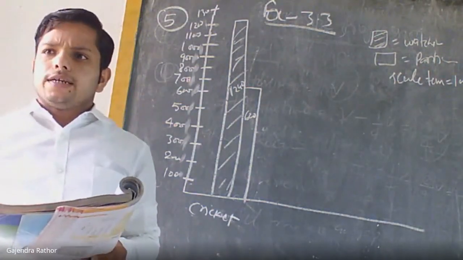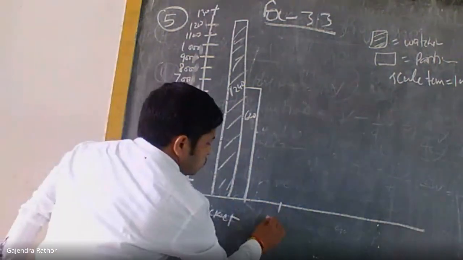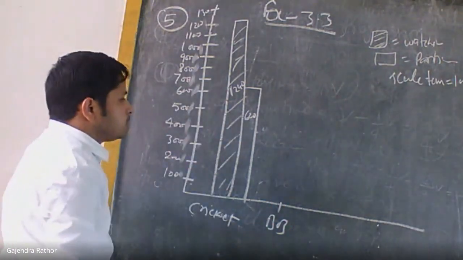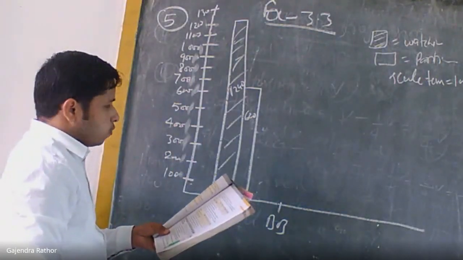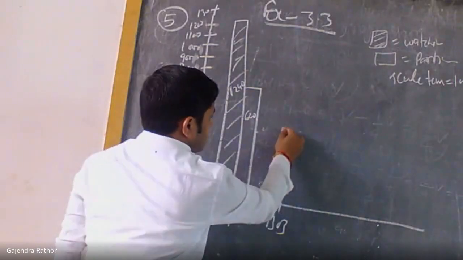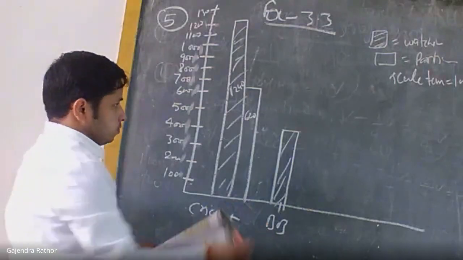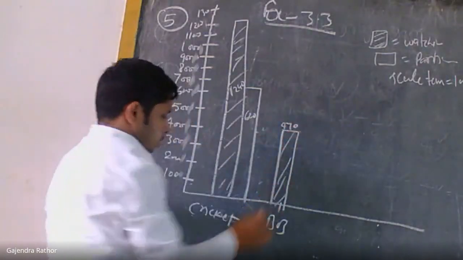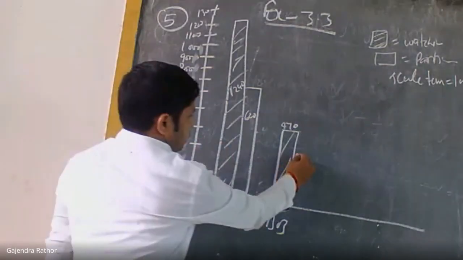The next is basketball. The number of watching is 470. B is basketball. The number of persons who are watching is 470, between 400 and 500. Okay. And those who are participating, only 320.